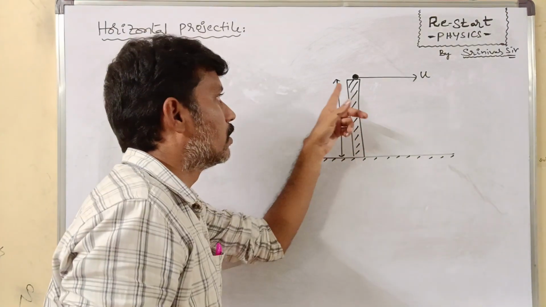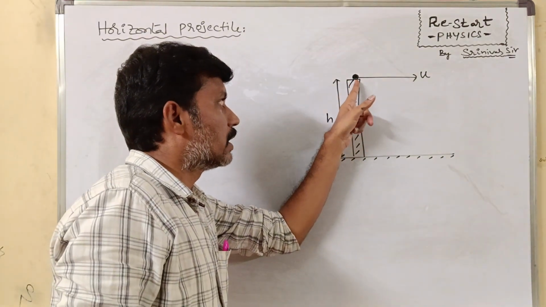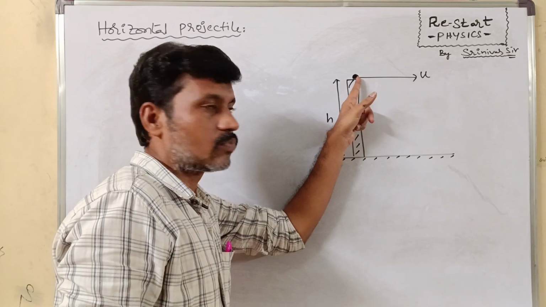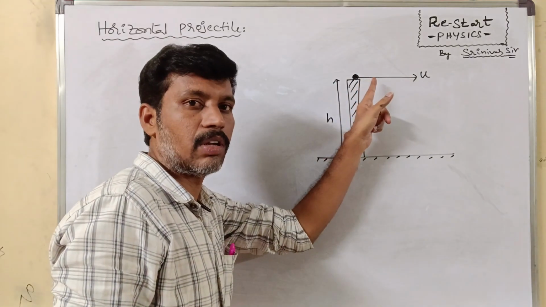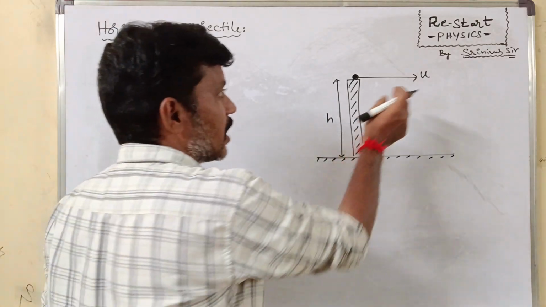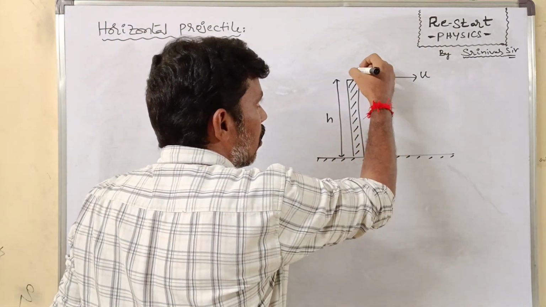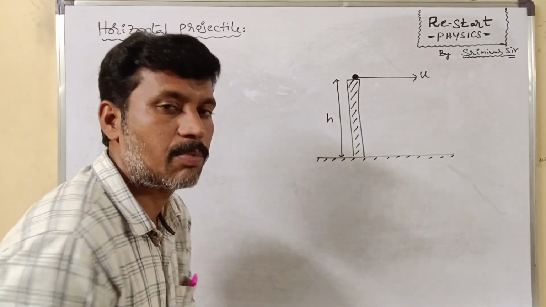One body can be projected horizontally from a point above the ground level. Such type of body is called the horizontal projectile.